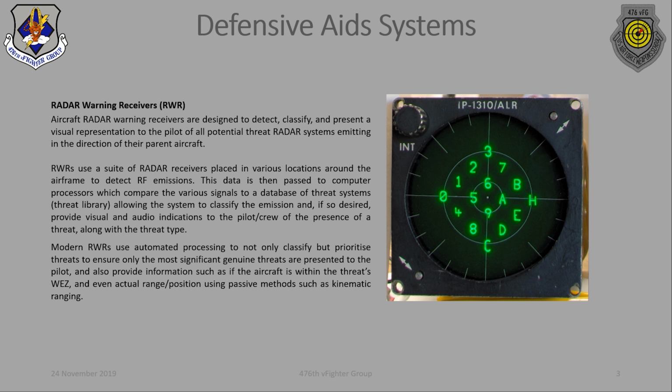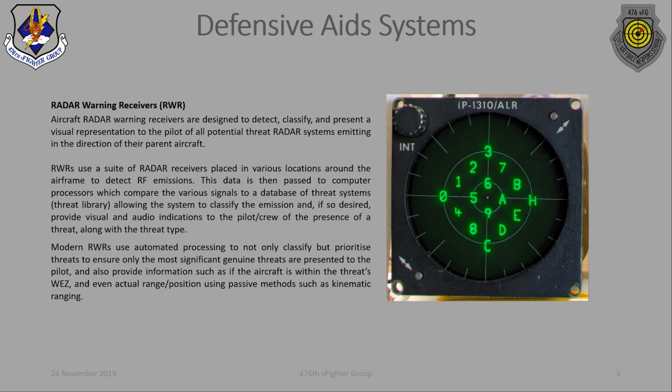So RWRs, as the name sort of suggests, radar warning receivers, passive systems in the aircraft that detect, classify, and indicate to the aircrew RF emissions that are being intercepted by that system.